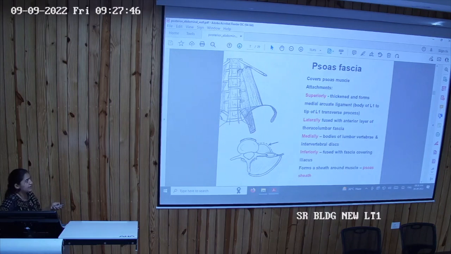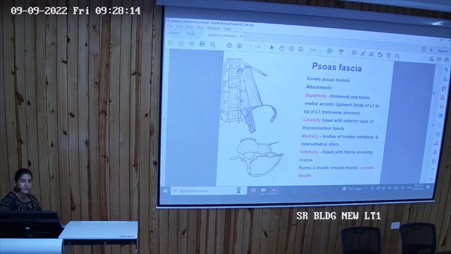Laterally, it is fused with the anterior layer of the thoracolumbar fascia. What is the thoracolumbar fascia? Where does the thoracolumbar fascia extend? Will it be found anteriorly or posteriorly? Posteriorly.